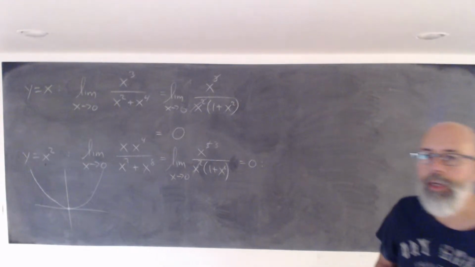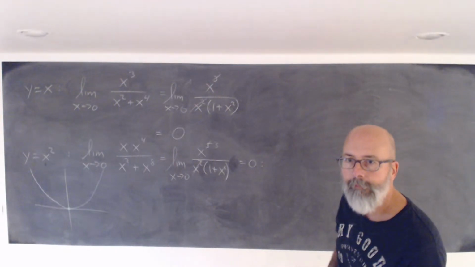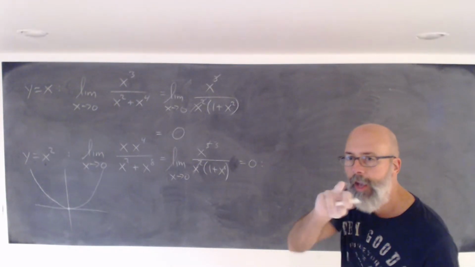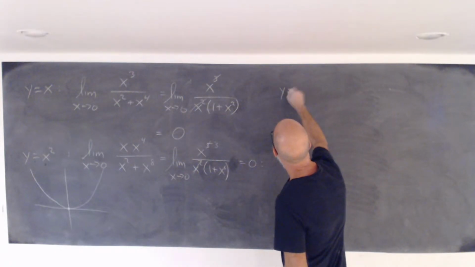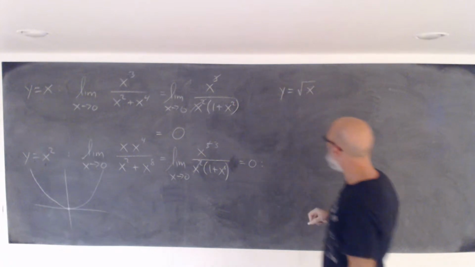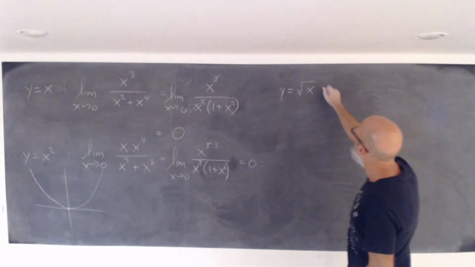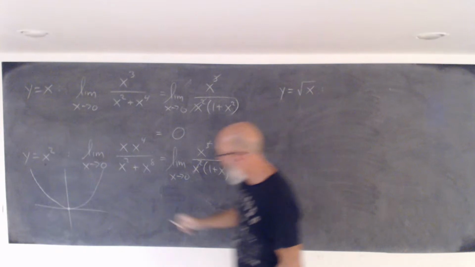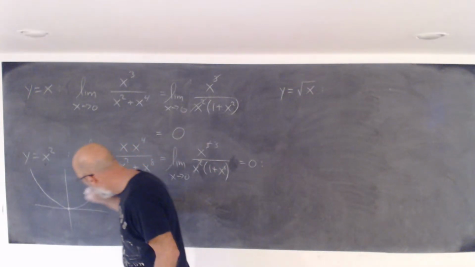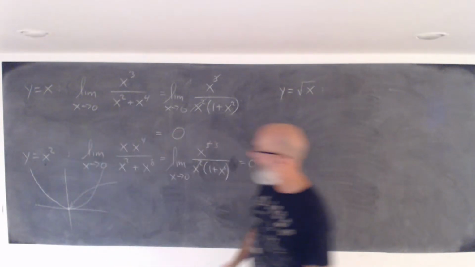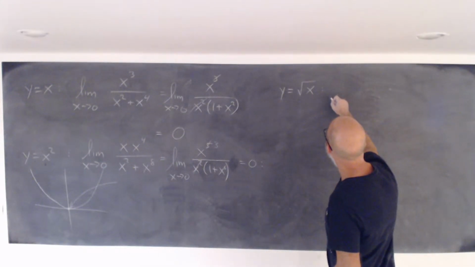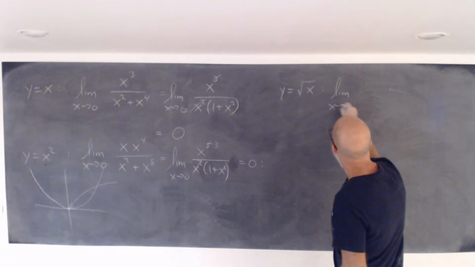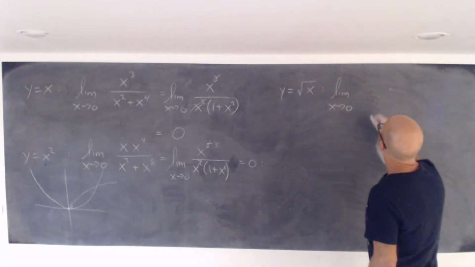But now I think Aaron suggested a different path, namely square root of x, right? Which again goes to the origin. And if we use that, what happens? What did we have?